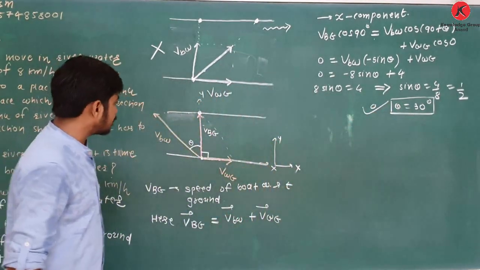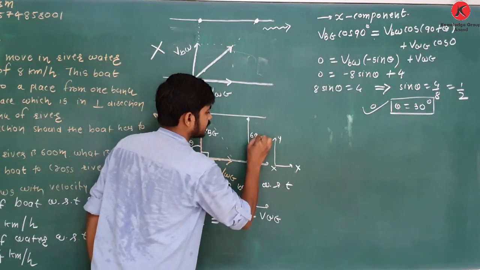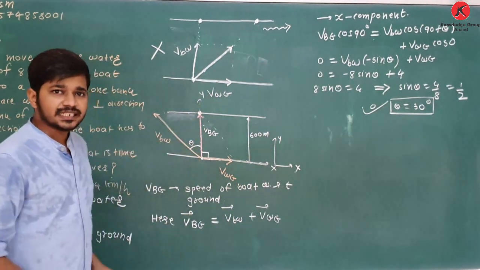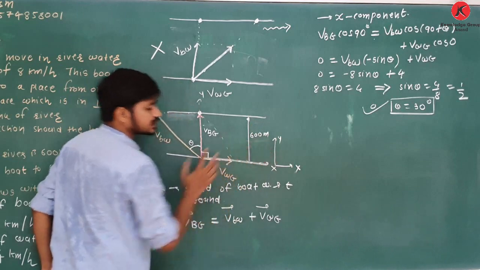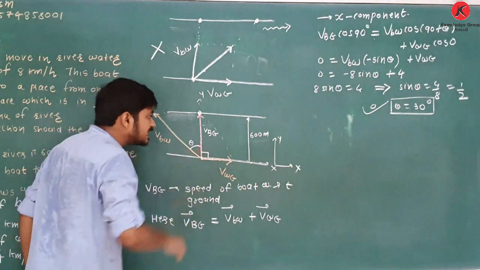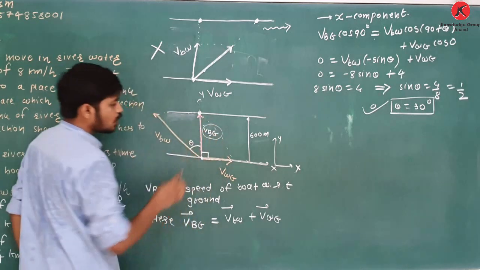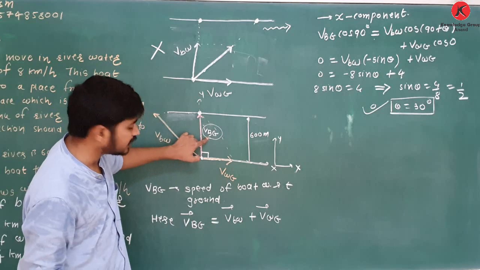Now, second question. If the width of this river is 600 meters, then what time will it take to cross this river? See, the perpendicular distance between the two ends is 600 meters. What is the resultant velocity in this direction?